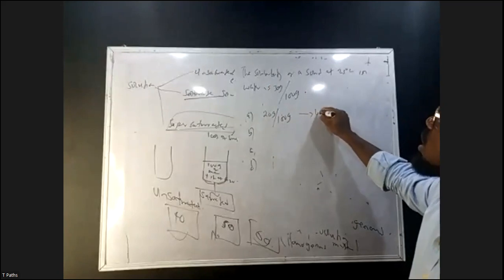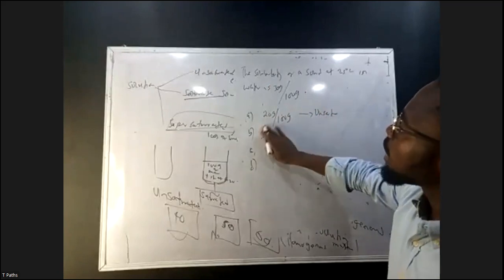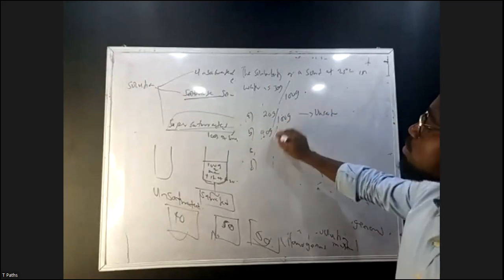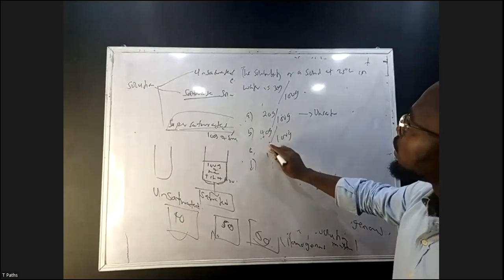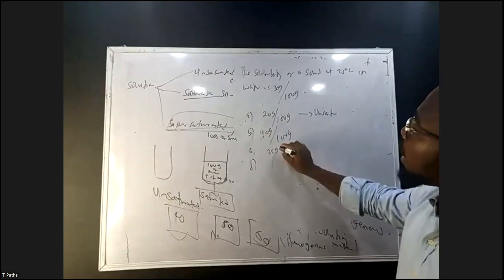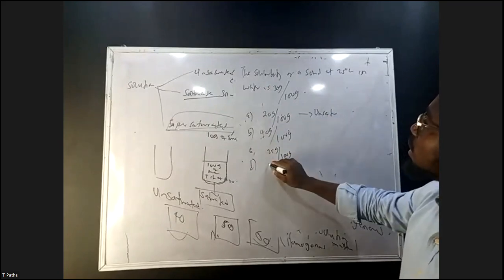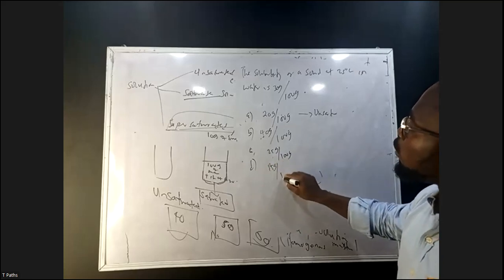They will ask you, is it unsaturated? They will now give you another one at the same temperature, 40 over 100 grams, 25 grams over 100 grams, and then let's say 15 grams over what?